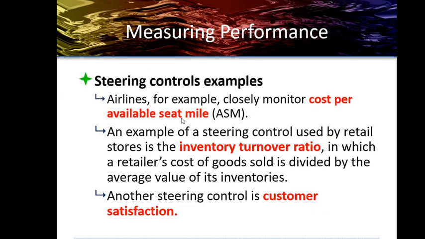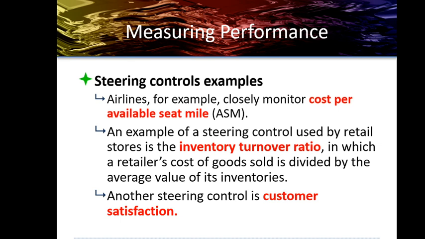For example, what are the steering controls in airlines? Airlines closely monitor cost per available seat mile, ASM. For example, a certain aircraft will take off from Jordan going to the United States. Now we will measure how many available seats there are, meaning seats which are not taken.